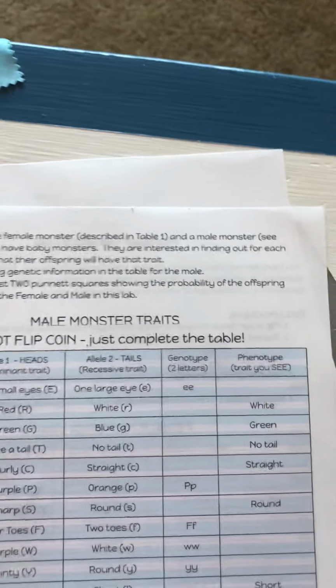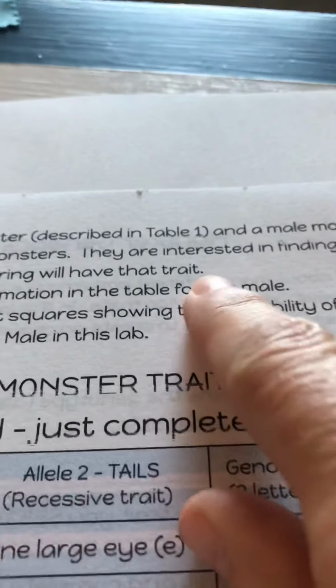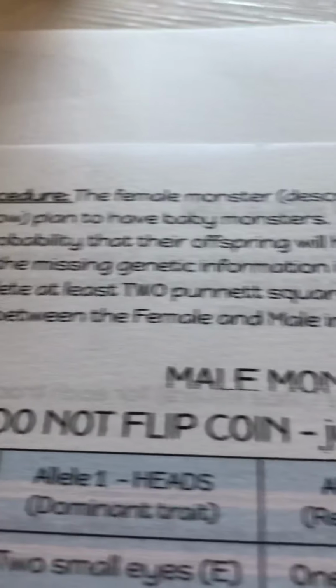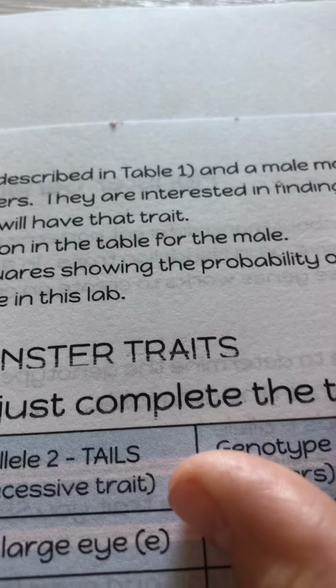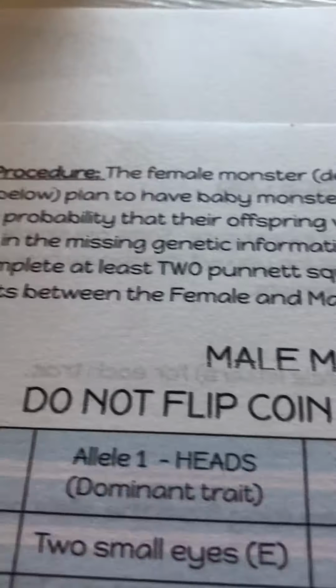Okay, the other side. Flip it. Okay, this is the male part, and this is different. You are not going to flip a coin. So it says the female monster described in Table 1 and a male monster, see table below, plan to have baby monsters. They are interested in finding out for each trait the probability of their offspring.